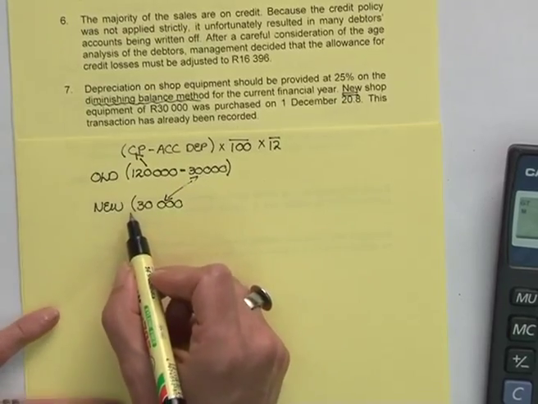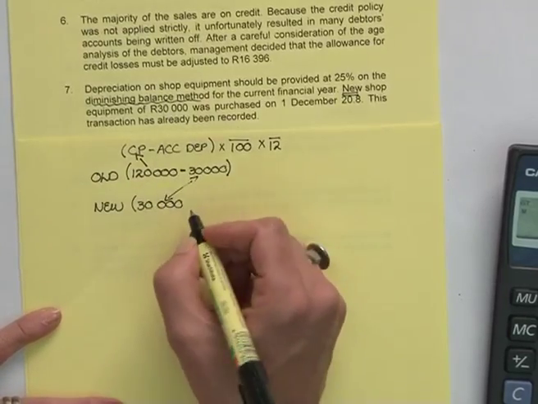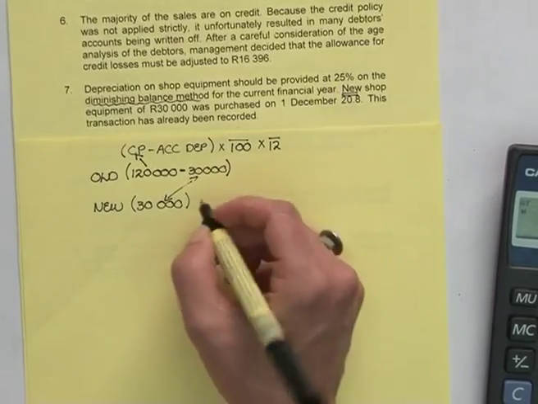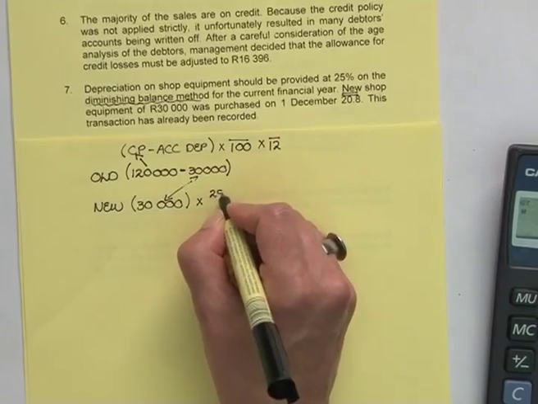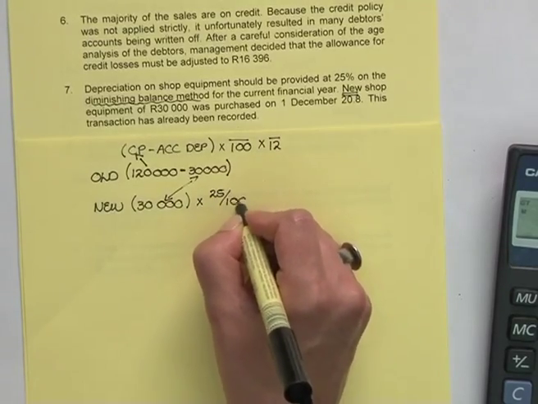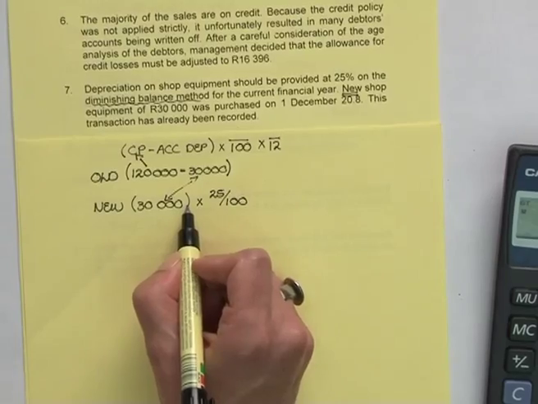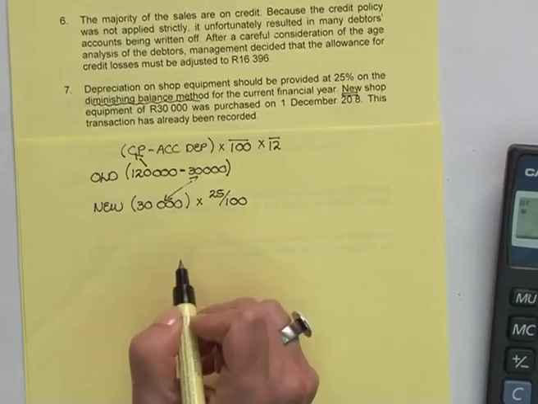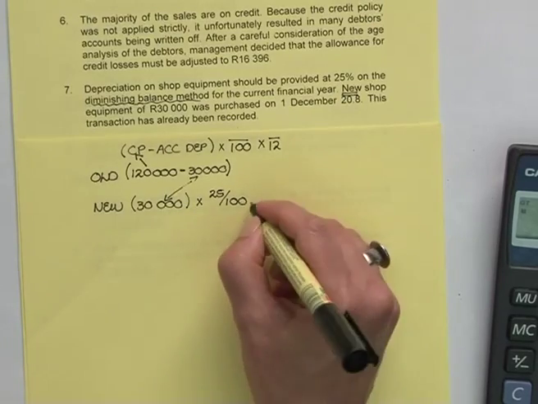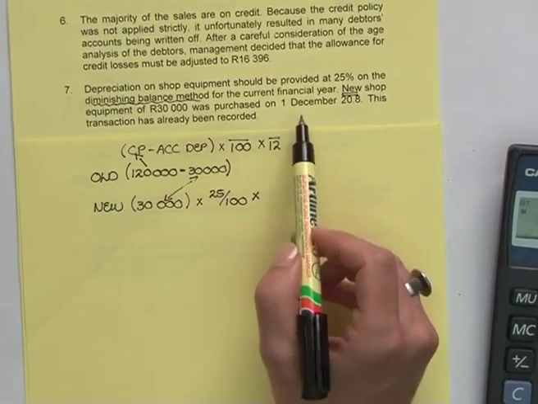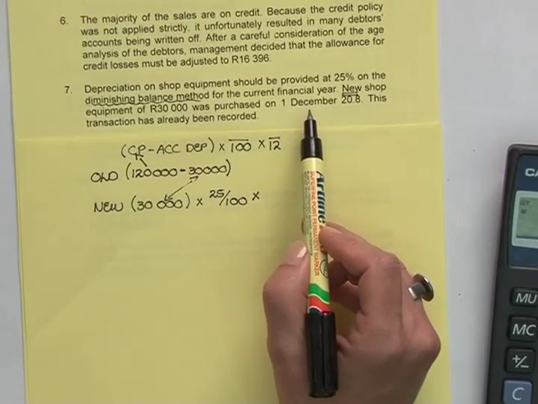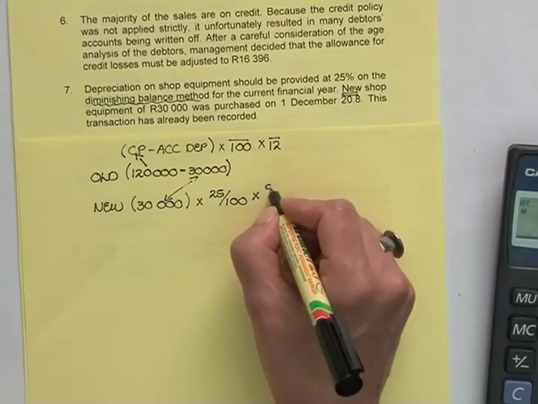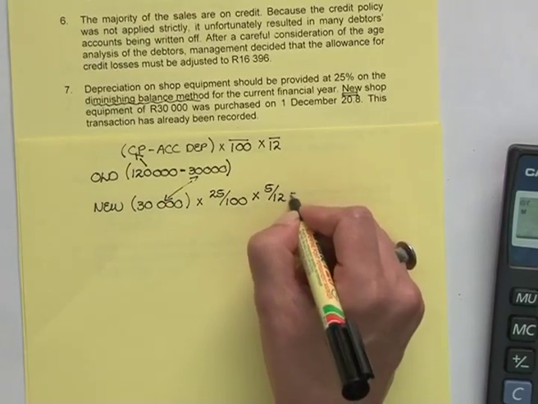So let's continue with the new equipment. I purchased 30,000. They tell me that the depreciation rate is 25%, so I can multiply that with 25%. There's no deduction of accumulated depreciation because a new asset cannot have any usage in my entity yet, so there's no deduction there. And then I have to count from the 1st of December to the end of my financial year, which is 30 April, and that will give me 5 months.